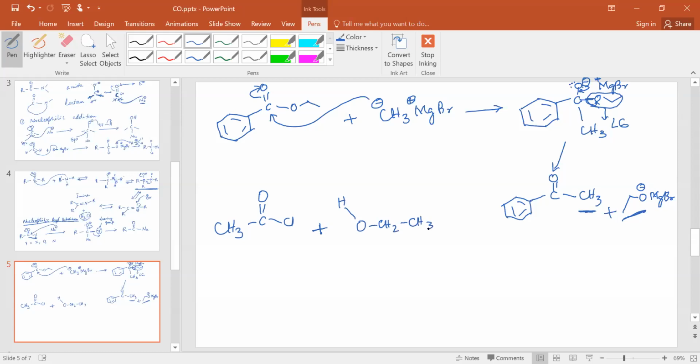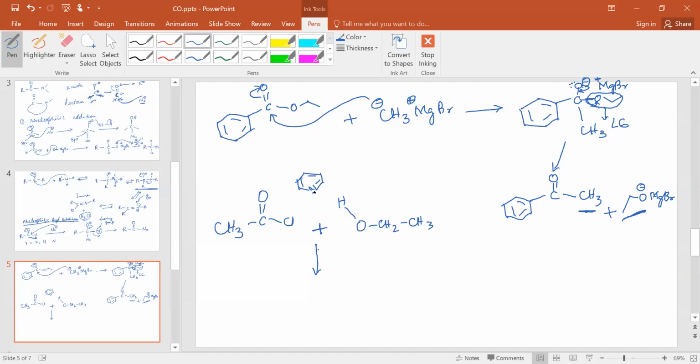With this reaction you need a base, and generally we take pyridine. I will show you the mechanism in a short way.